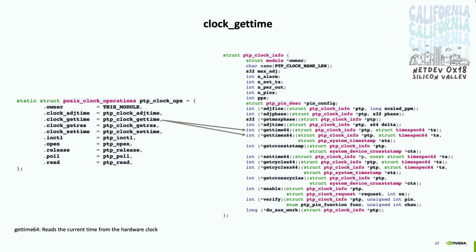The next one is the clock get time. Clock get time will call either of those two functions. It will first try the new one, the get time x64. And if your driver doesn't implement it, which should never happen on new devices, it will fall back to the get time, the old implementation. The main functionality is obviously to get the current time of your device.